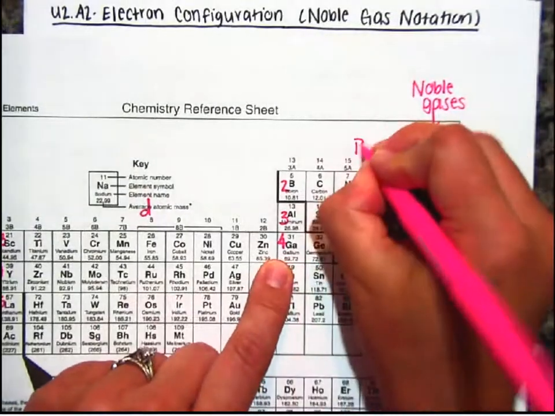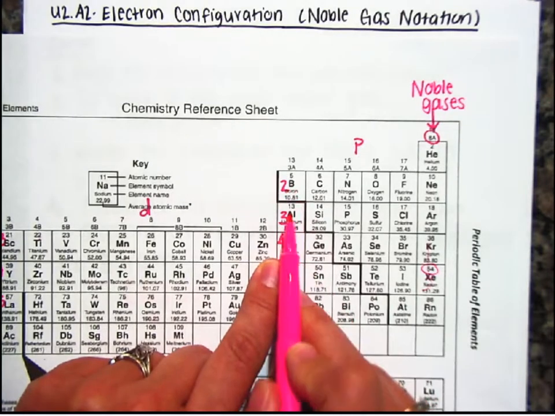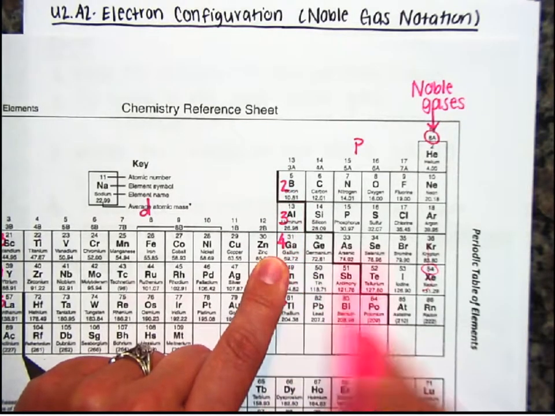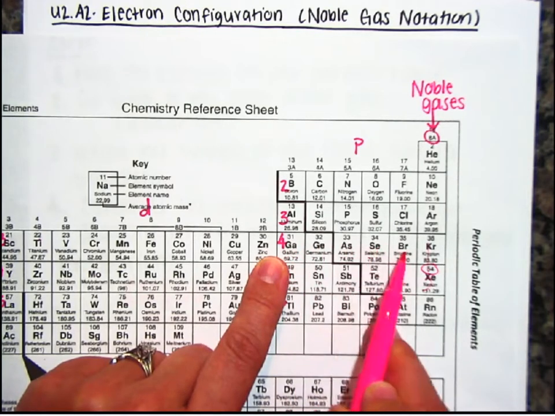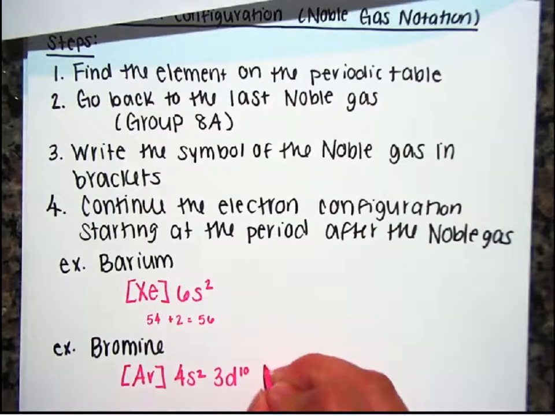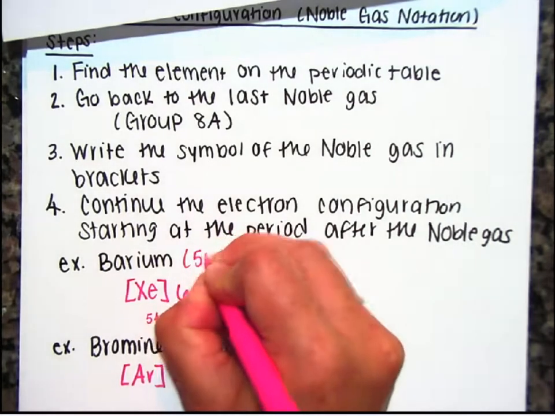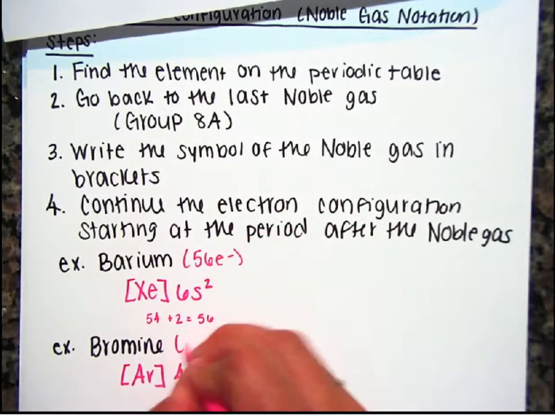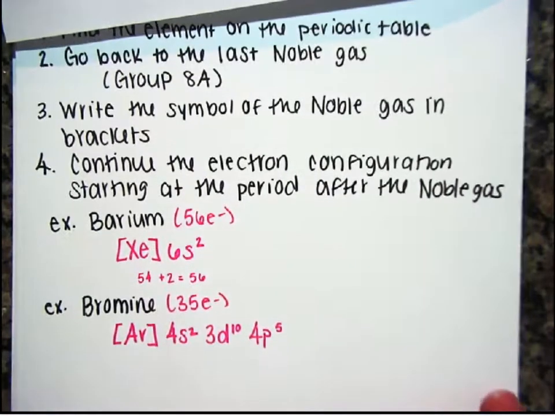Alright, once I get to the P block, P starts at energy level 2. So 2, 3, 4. This is 4P, and bromine is 1, 2, 3, 4, 5. 4p5. Again, we can do a quick check with our number of electrons.